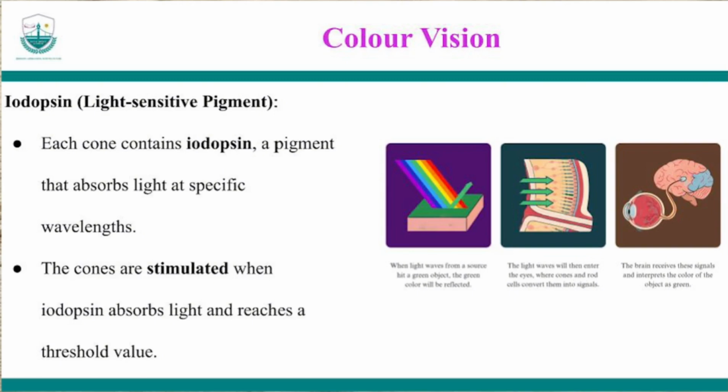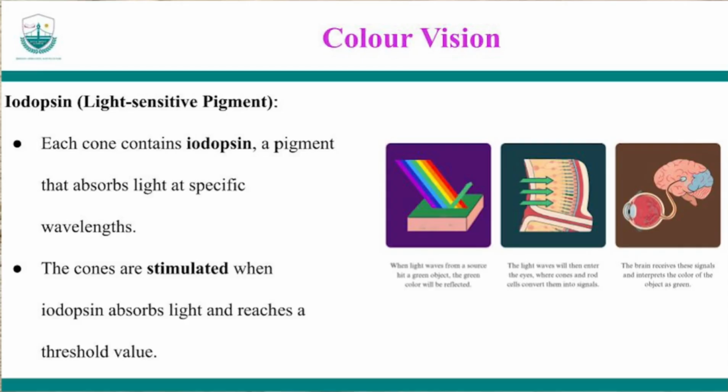When these green rays enter our eyes, the green cones are the ones being stimulated, and that information is sent to the brain, and then we are able to perceive the object as being green.